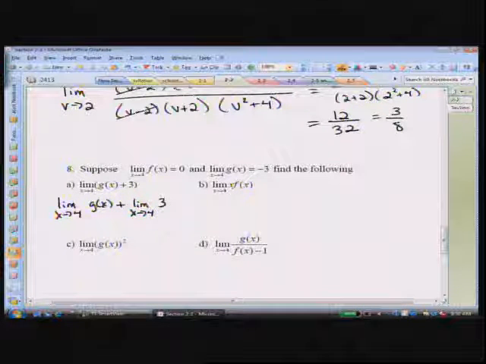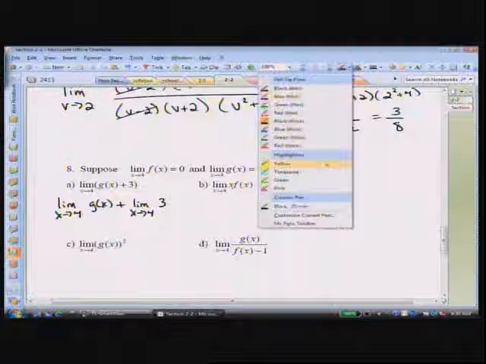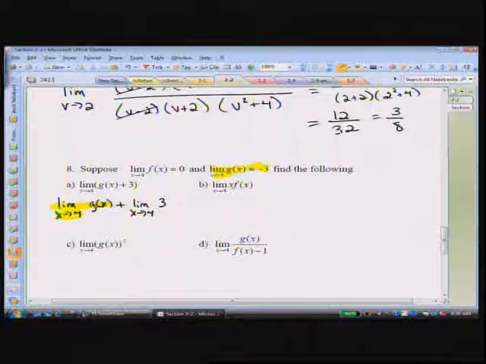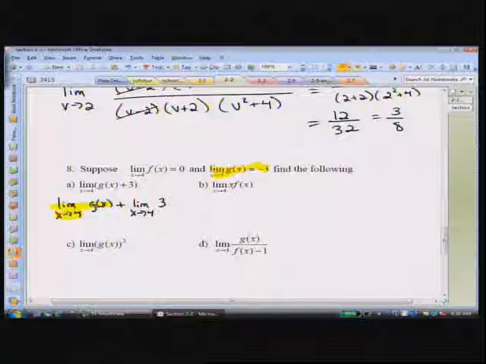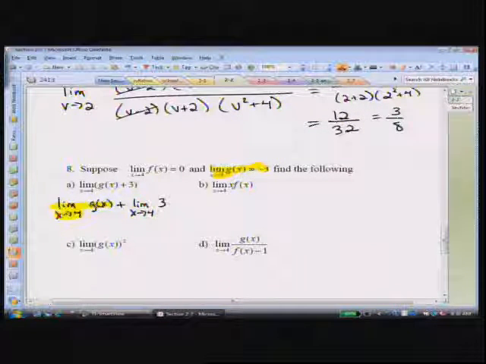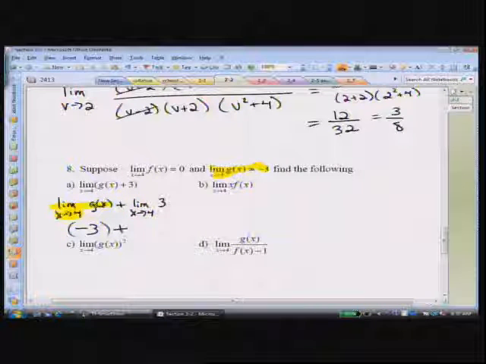Now, you were told in this problem that the limit as x approaches 4 of g of x is exactly -3. And so you can replace this entire expression with what it's equal to, which is -3, plus what is the limit as x approaches 4 of 3?